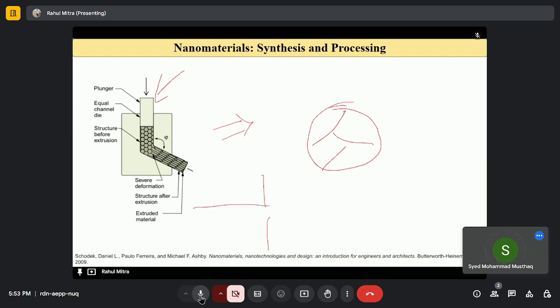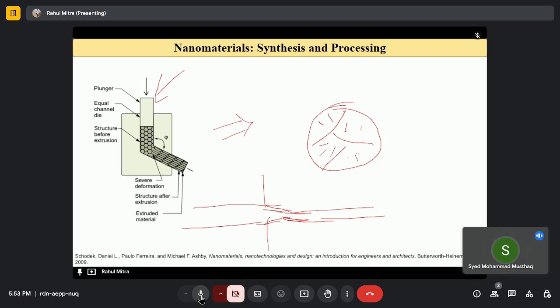I have a die here which reduces the cross section, and I have a material with a smaller cross section compared to the initial one. So we have heavy deformation here in one direction, and because of heavy deformation we have dislocations forming in this grain, in this grain, in this grain.